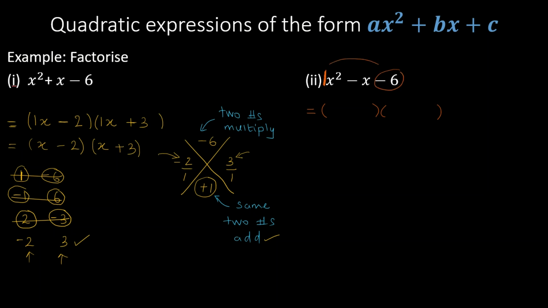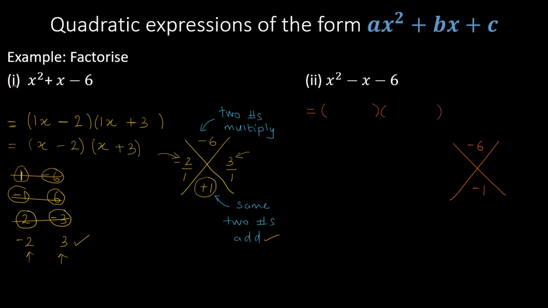We have to multiply these two to complete our magic x. 1 times negative 6 is negative 6. Now we have to consider the second term, which is negative x. The coefficient is negative 1. So we write it here, negative 1.